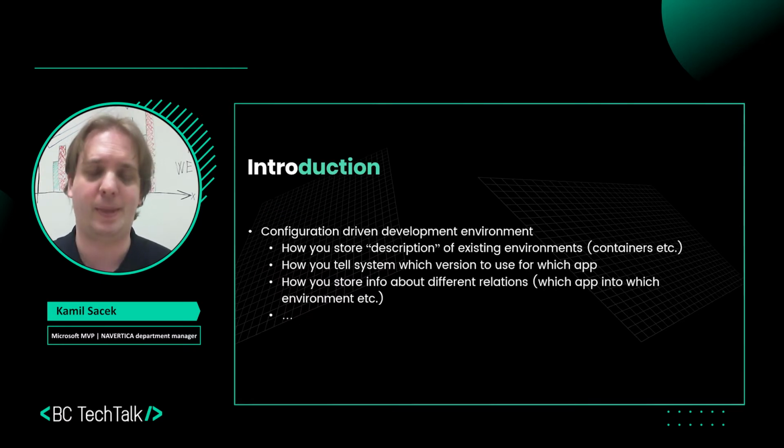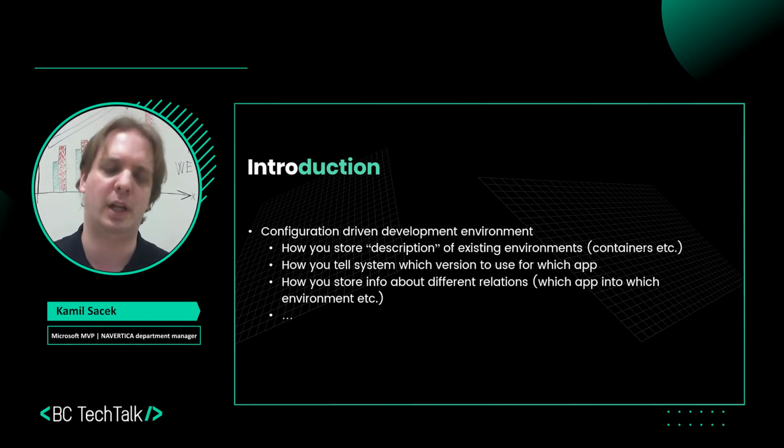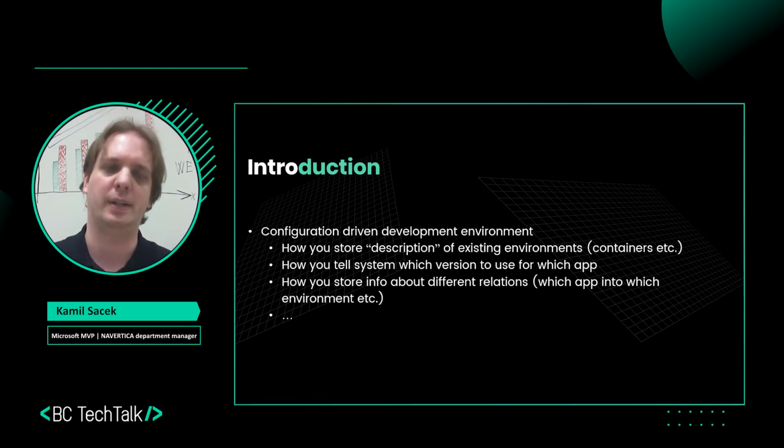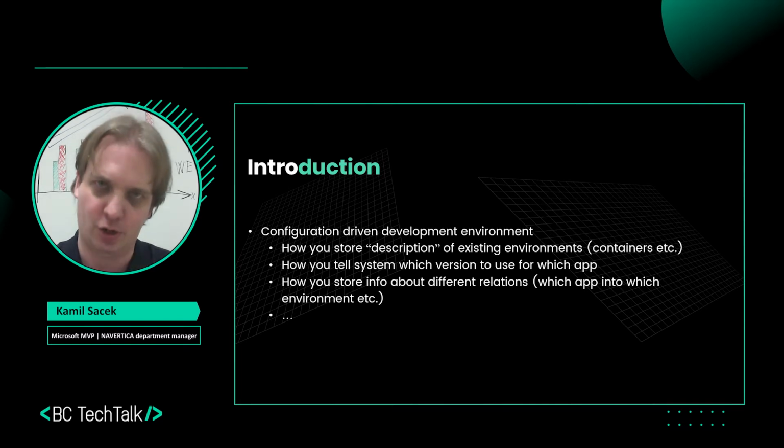First question: how are you storing information about your development environment? What I mean by development environment is containers with Business Central for different applications you are developing, or for each developer, or for your products, for your customers, which version they are, and which applications you are developing, and these kinds of things.